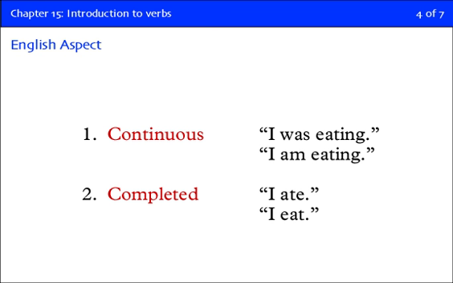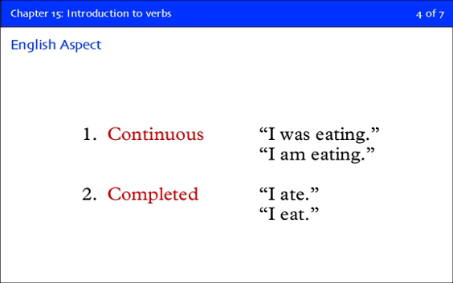The technical terms in linguistics are the imperfective and the perfective. But those terms get very confusing when we're talking about Greek, because it overlaps, or at least it comes close to overlapping with issues of tense. So what I want to talk about is the aspectual significance of the continuous and the completed.